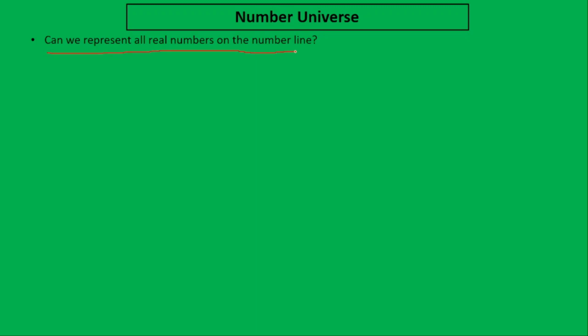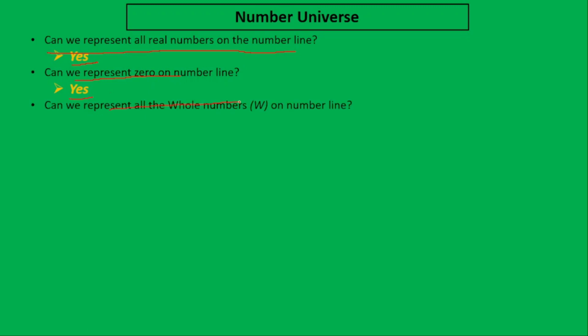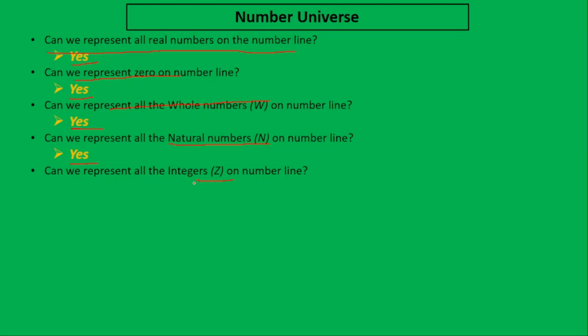Doesn't matter how big or small that number is. Now question, can we represent all real numbers on the number line? Answer, yes. Can we represent 0 on the number line? Yes. Can we represent all whole numbers on the number line? Yes. Can we represent all natural numbers? Yes. Can we represent all the integers?